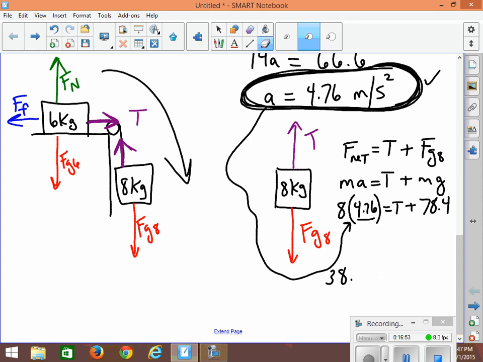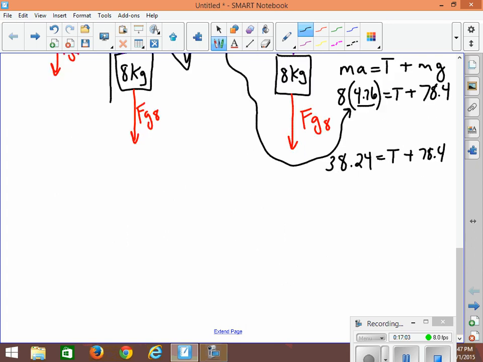Always double check. 38.24 equals the tension plus the 78.4. So what do we do? We move the 78.4 over to the other side. It becomes negative 78.4 added to the 38.24, which is the tension. And it looks like the difference is going to be about 40-ish.